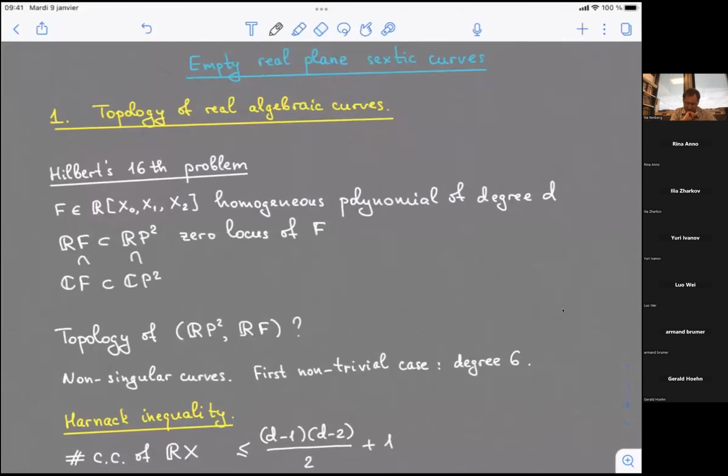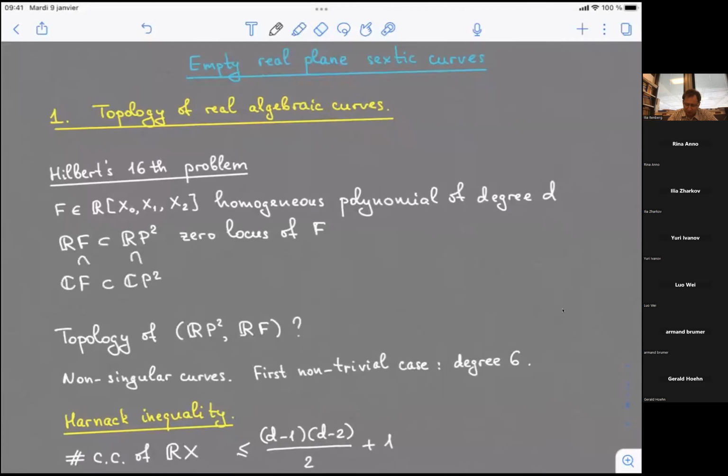So if we assume that we are dealing with a non-singular curve, the complex point set is a Riemann surface in CP2, and since the coefficients of our polynomial are real, the complex conjugation acting in CP2 restricts to an involution on our Riemann surface, and the real point set of our curve is the fixed point set of this involution, and we are interested in the topology of this real point set.